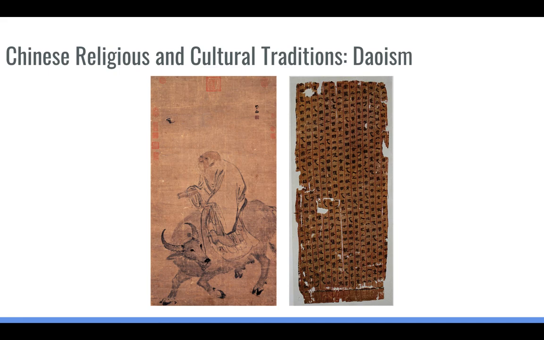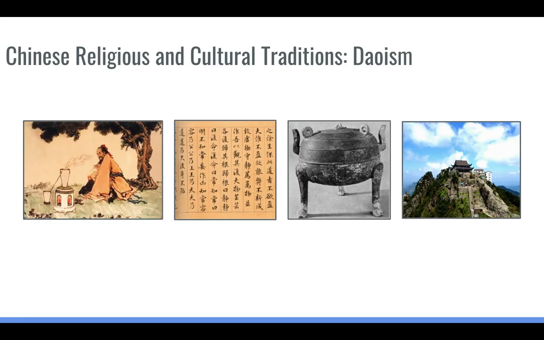Now, to learn about the world around them, Taoists developed an interesting culture around this belief system, and the influence of Taoism really impacts the development of Chinese culture, and you can see that in these images. In trying to understand the world around them, Taoists did a lot of work in developing medicines.